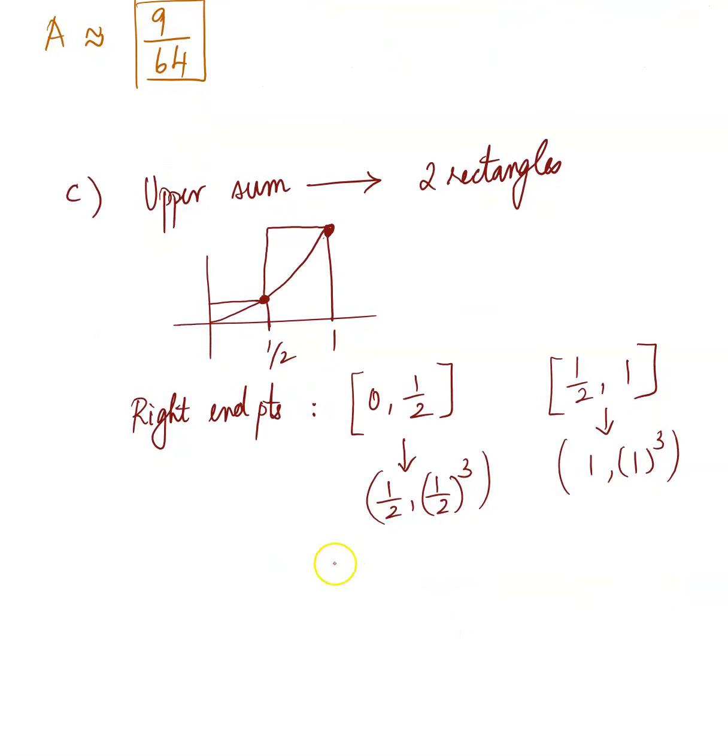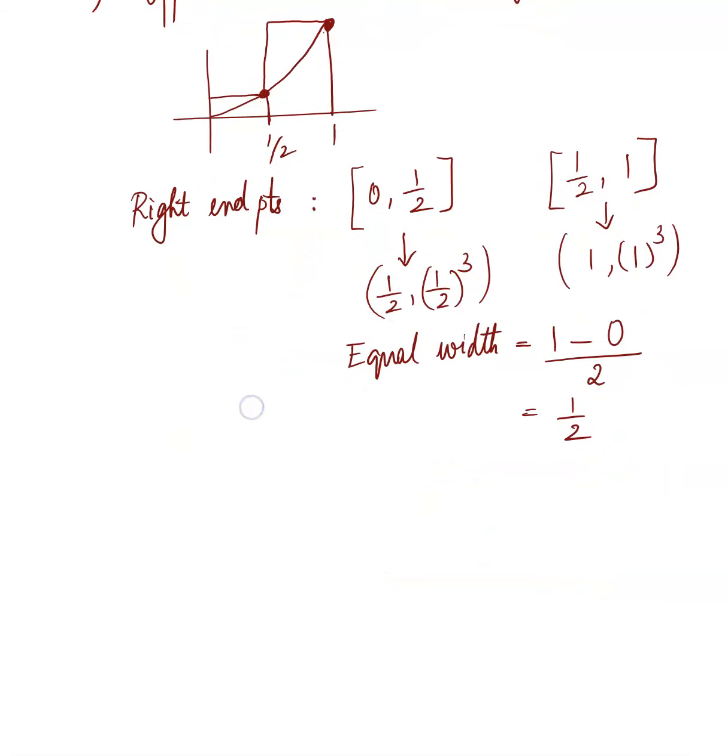And we know that they are of equal width, and the equal width is the interval 1 minus 0 divided by 2, because you're dividing into 2 rectangles, which is half. Keeping this in mind, the area would be 1 over 2 the whole cubed, which is the y coordinate of the first rectangle, times the equal width half, plus 1 cubed times half.